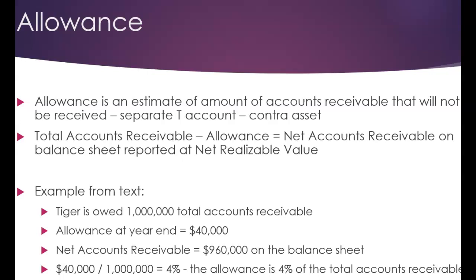If you're thinking that your clients may default, or that there's a reasonable expectation that you're not going to receive all from your clients, you're required to take a guess using the allowance method to consider the possibility that one or more of your clients are not going to pay you at all, or they'll pay you less than what they're required to pay you.